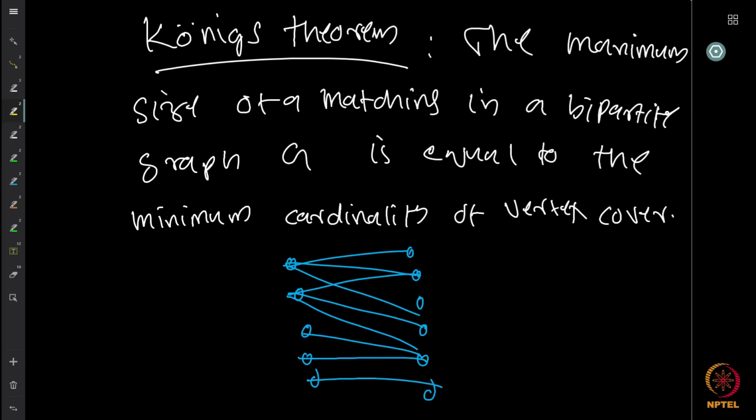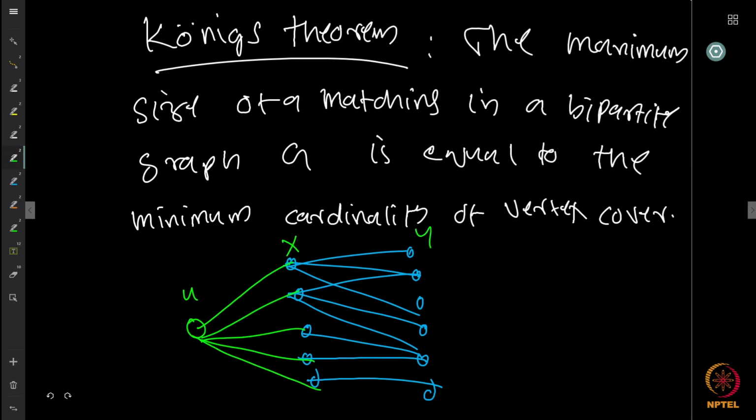To prove Konig's theorem, I am going to introduce two new vertices. I introduce a vertex here, call it U, which is adjacent to all the vertices of the set on this side, which is called X. Then I make another vertex which I call V, and this V is adjacent to all the vertices of Y. So I make a new graph from the bipartite graph by adding these new vertices U and V. Now U and V are not adjacent in the graph.